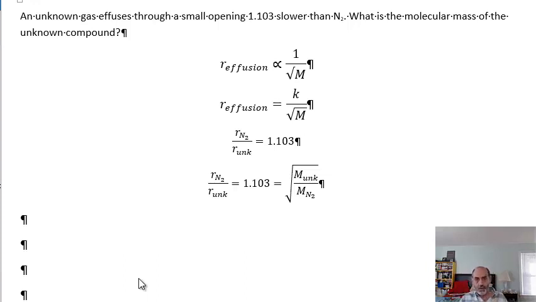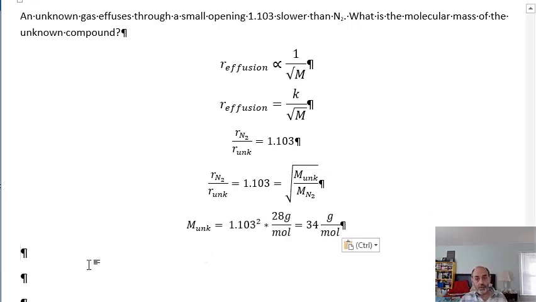So we just need to put in the molecular weight of nitrogen, which is 28, and I've rearranged this to solve for the molecular mass of the unknown, and so you end up with an answer of 34 grams per mole, which of course is exactly what we predicted it would be in relative magnitude. We expected the molecular weight of the unknown to be greater than the molecular weight of nitrogen.